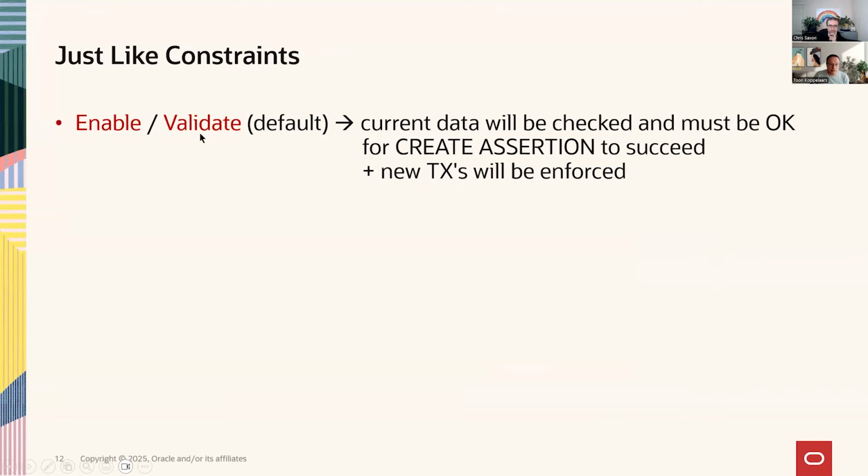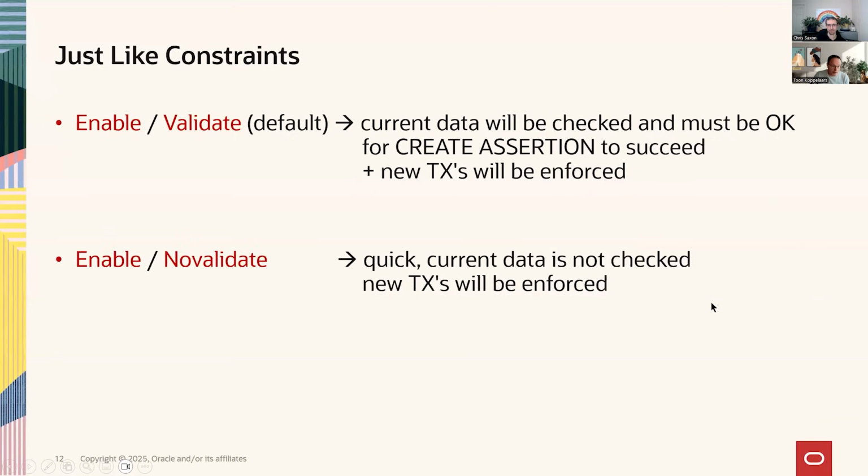And again, they're just like constraints. So the default would be that assertions are enabled and validated, which means that the current data will be checked and must be okay for create assertion to succeed. And once it's created, because it's enabled, all transactions will from then on be enforced to comply with the SQL assertion.